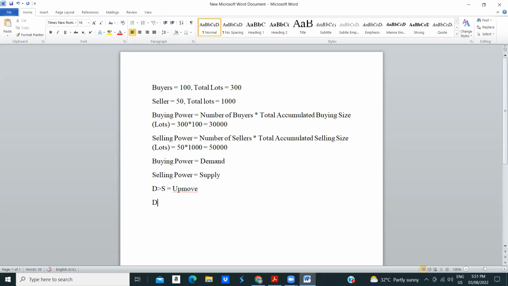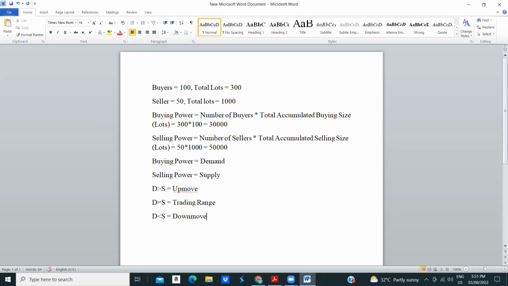When demand equals supply, it would be a trading range. When demand is less than supply, it is a down move, a bearish move.